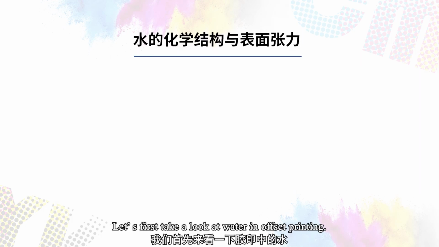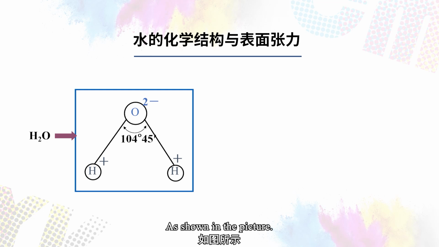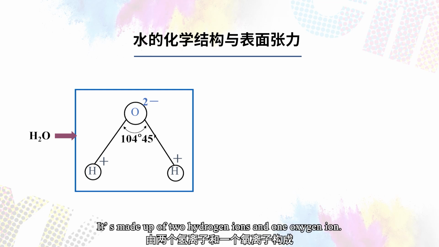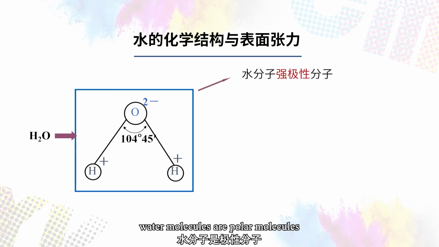Let's first take a look at water in offset printing, its chemical structure and its surface tension, as shown in the picture. This is the chemical structure of water. It's made up of 2 hydrogen atoms and 1 oxygen atom. From this structural perspective, water molecules are polar molecules, and exhibit strong polarity.